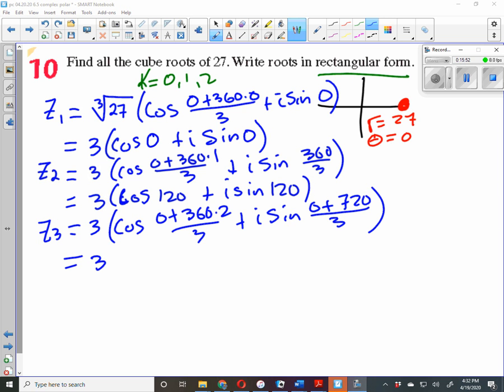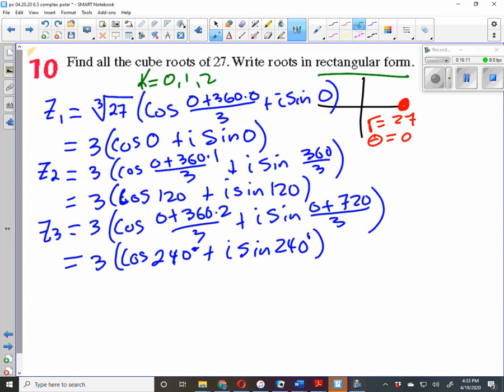And let's finish this off. 3 cosine, 720 divided by 3 is going to be 240 degrees, plus i sine 240.